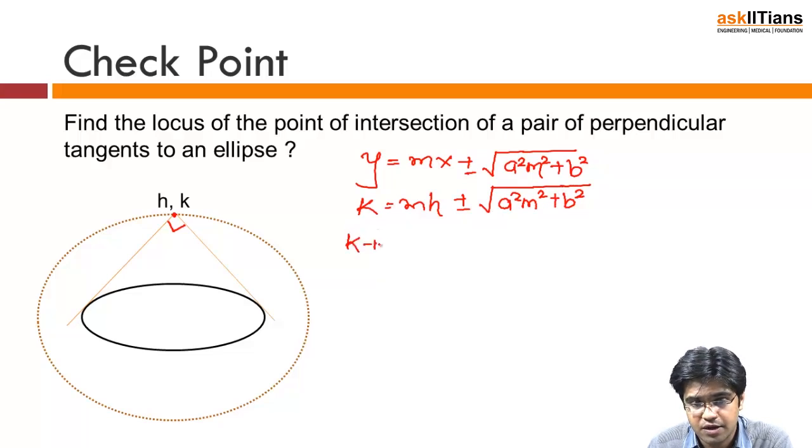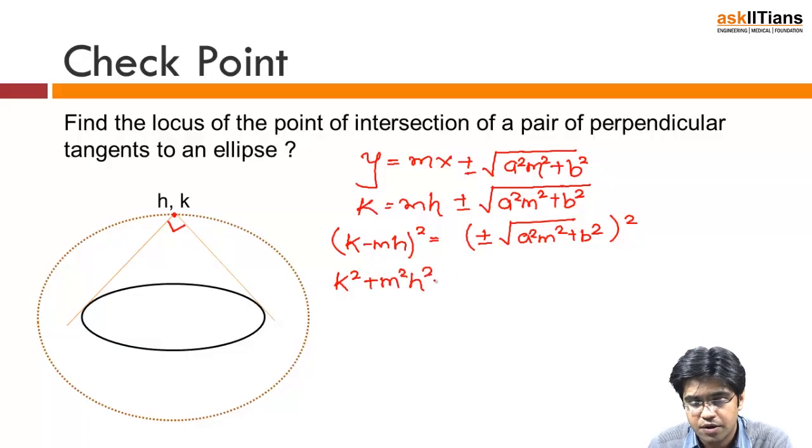If I bring k minus mh to this side and keep the root on the other side, and square both sides to eliminate the root, I get k square plus m square h square minus 2khm is equal to a square m square plus b square.